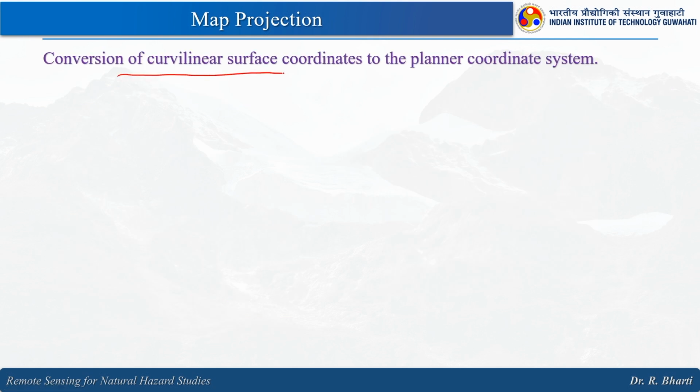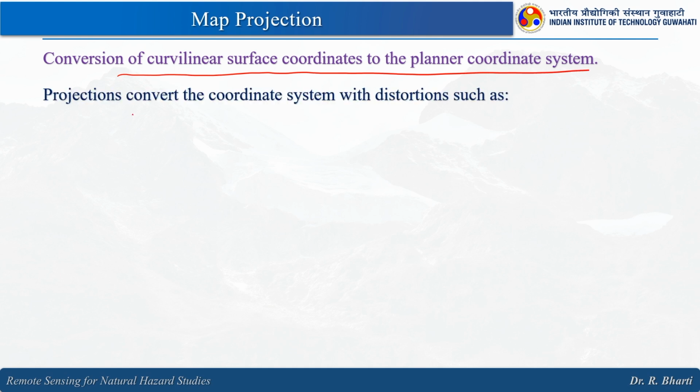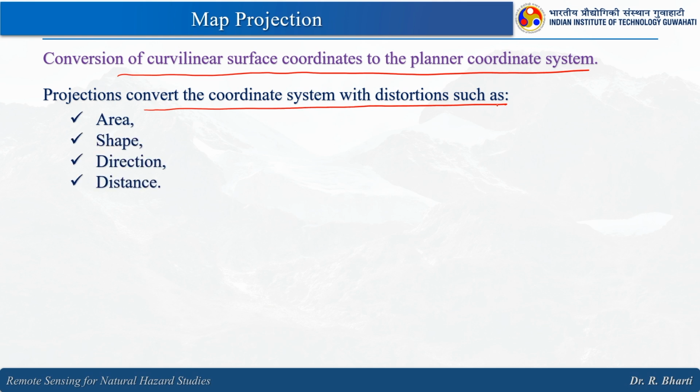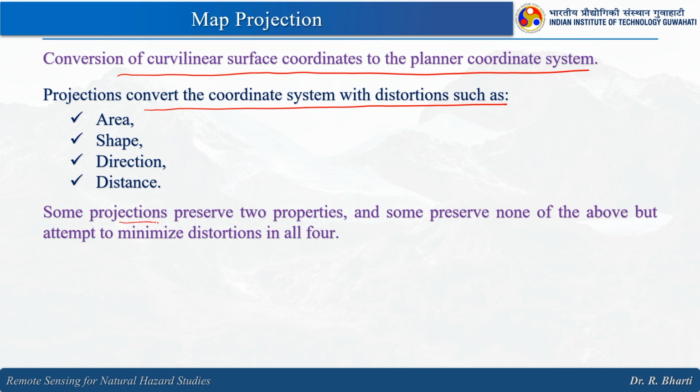Conversion of curvilinear surface coordinates to the planar coordinate system. Projection converts the coordinate system with distortions such as area, shape, direction and distance. Some projections preserve two properties, some preserve none of the above, but attempt to minimize distortion in all four.